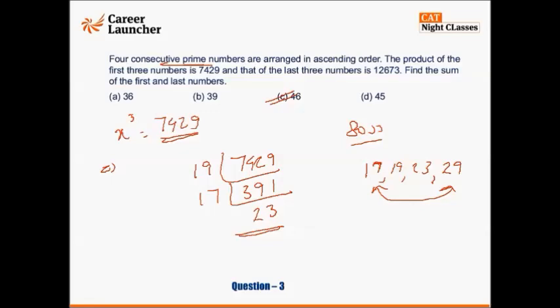Now, I have one simple question to ask you all. The three questions that we solved right now, did I use any convoluted mathematical logic? Did I use any serious high-level mathematics? I did not. And this is exactly what CAT is. CAT is not a test of high-level mathematics.